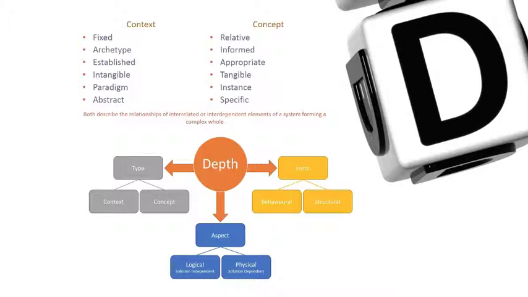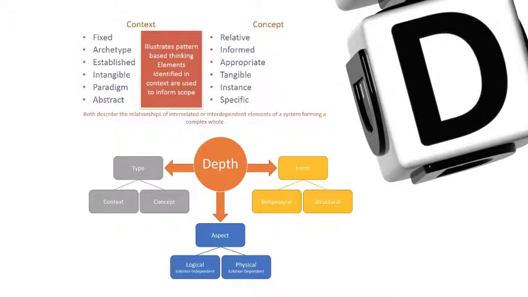But in our institution, for our customers, for the way we want to lend money, this is how we are going to do it. And that's where you get into a conceptual analysis, and it's becoming more specific. So context illustrates pattern-based thinking. Elements identified in context are used to inform the scope itself.